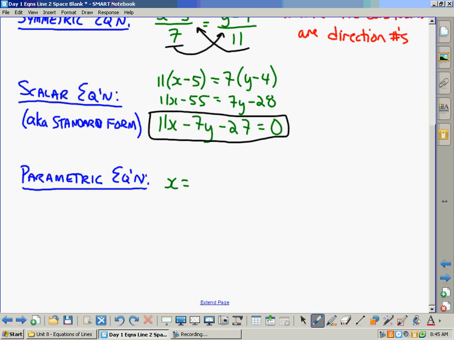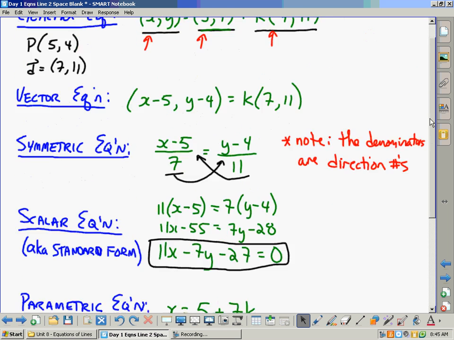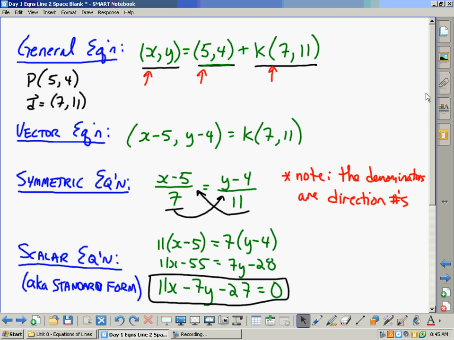x equals, and the point was, the x was 5, right? 5 plus 7k. The reason it's 7k is that 7 actually is getting multiplied by your k, isn't it?